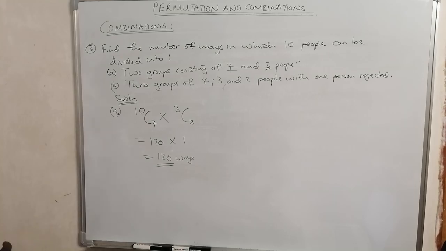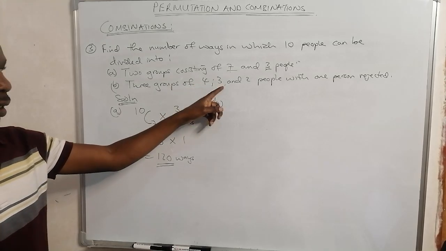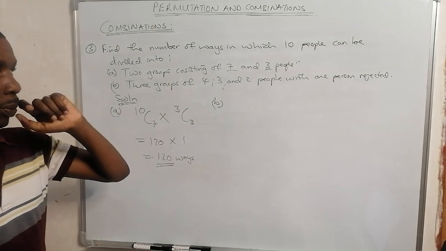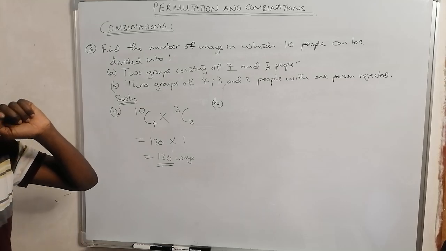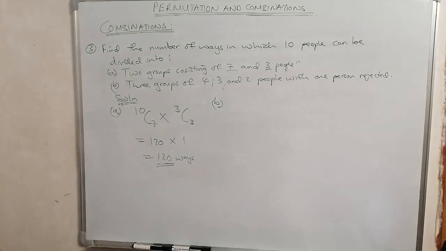So part B, 3 groups of 4, 3, and 2 people with 1 person rejected. In this case, the question is saying with 1 person rejected. Firstly, we reject 1 person, which can be done in 10 ways, right?